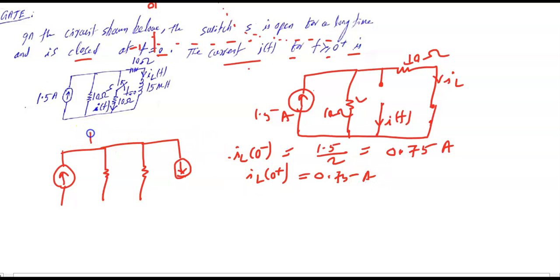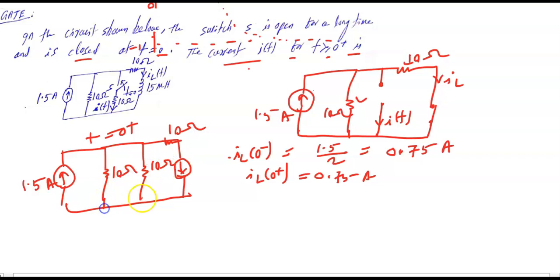So at t equal to 0 plus, this is 1.5 ampere. It doesn't make any sense, still we have to write 10 ohm. This is your 10 ohm, this is your 10 ohm, right?